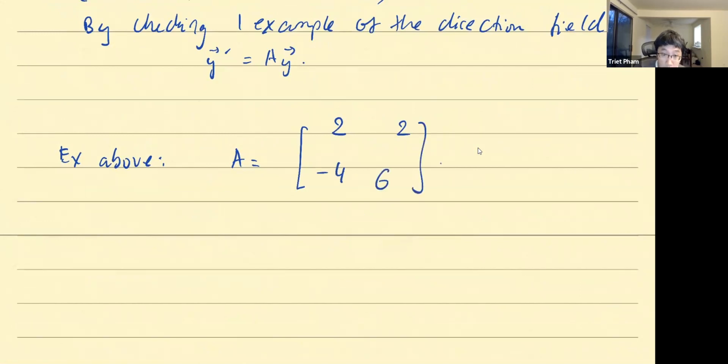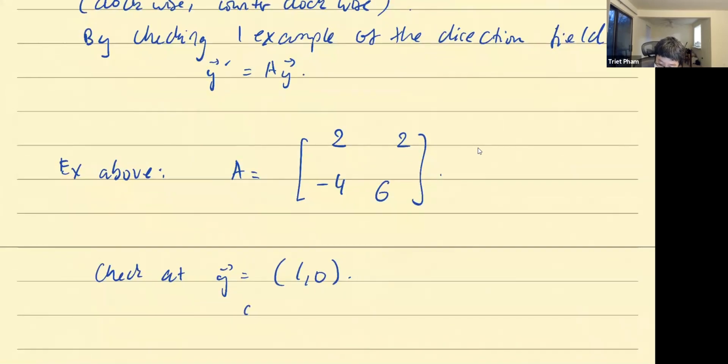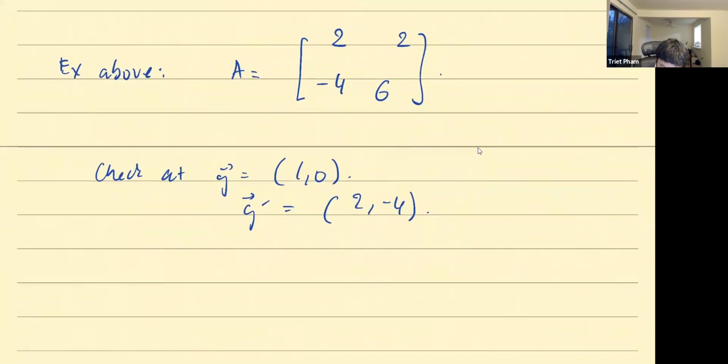Minus 4 and 6. Okay. Let's just check at like y equals to 1, 0. Then the direction is 2 minus 4. So I wonder if that gives you enough.